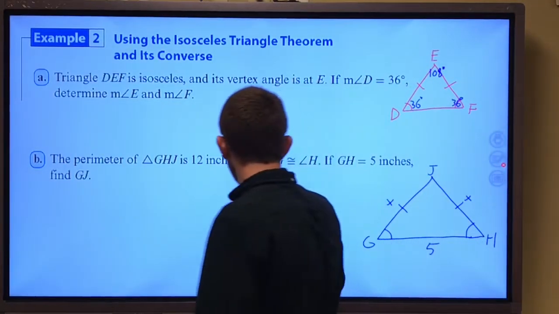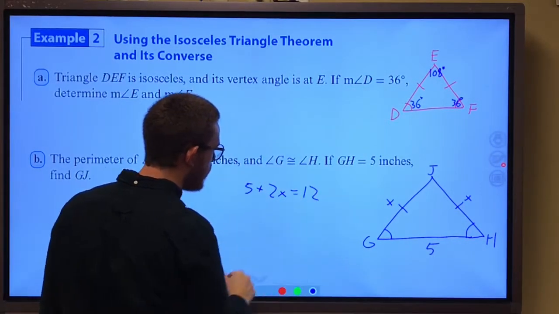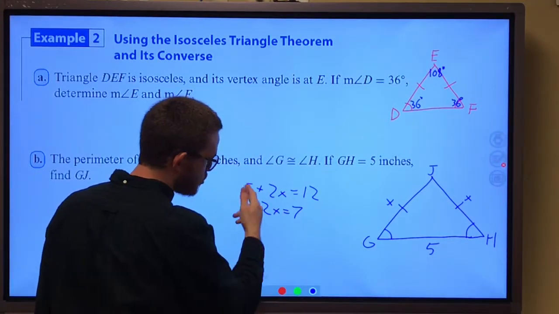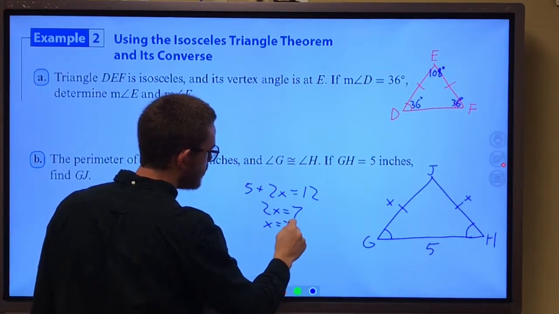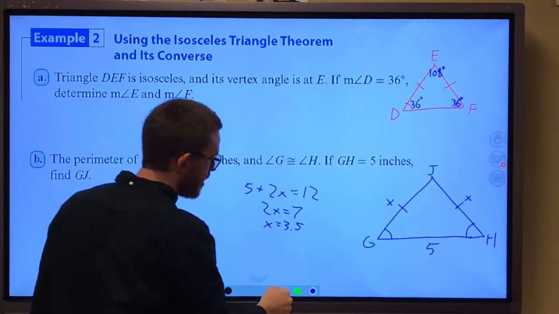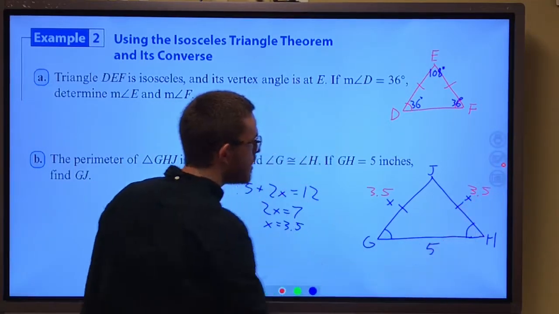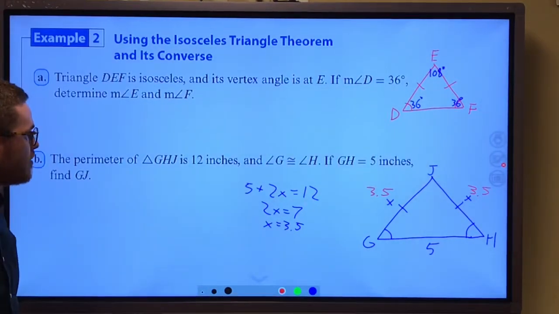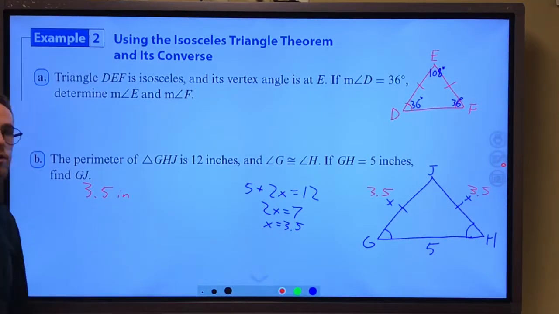So 5 plus 2 x's gives us 12. We subtract 5 over, divide by 2. Each of those side lengths would have to be 3.5. They want to know GJ. GJ would have to be 3.5 inches, because that is our units.